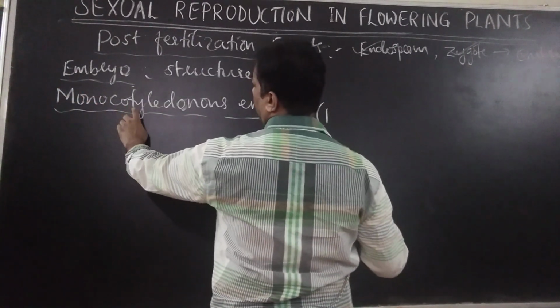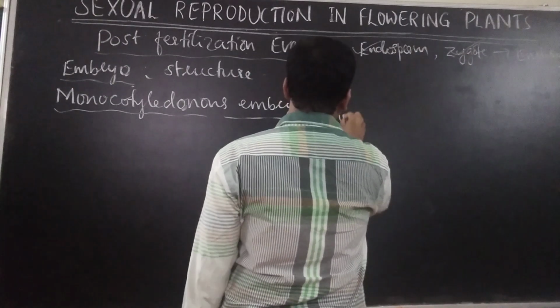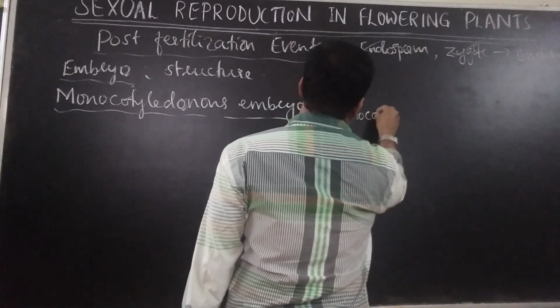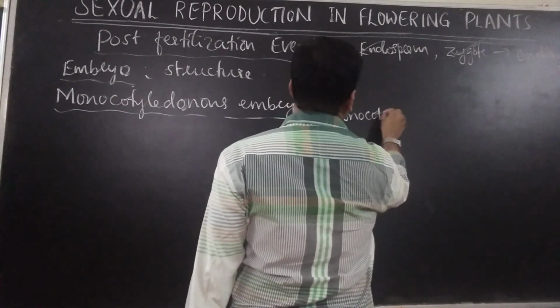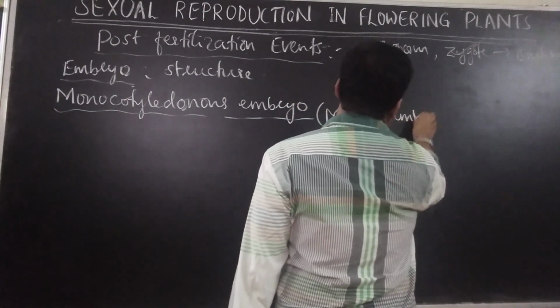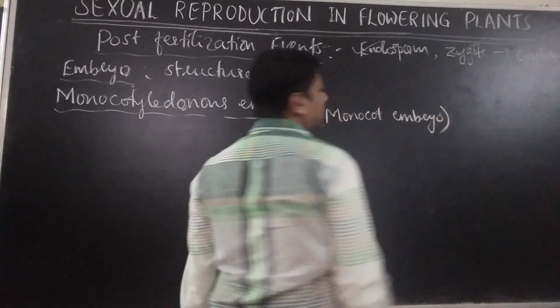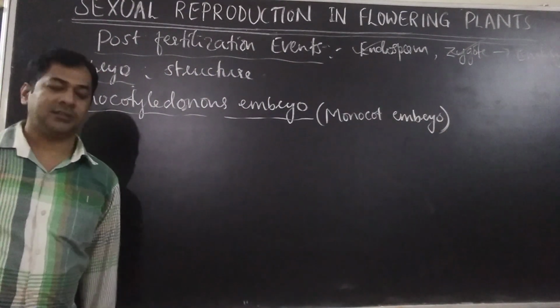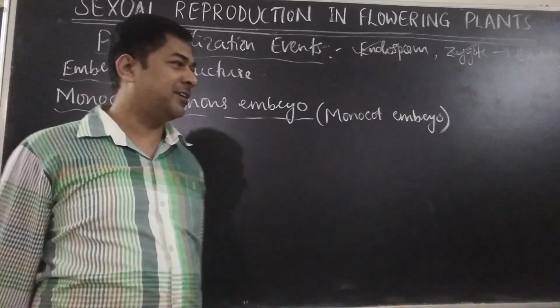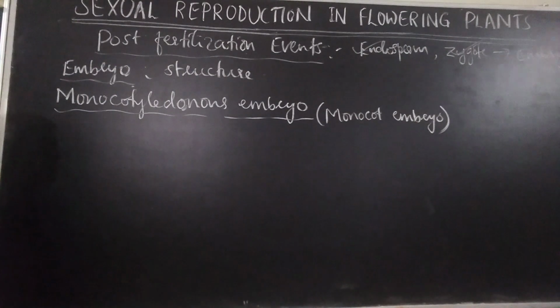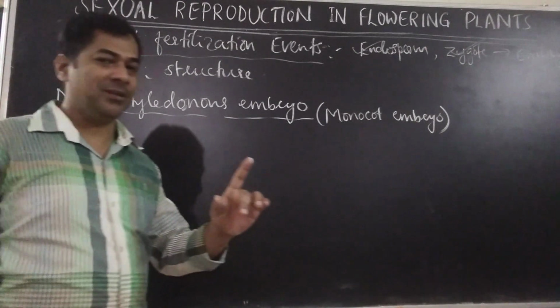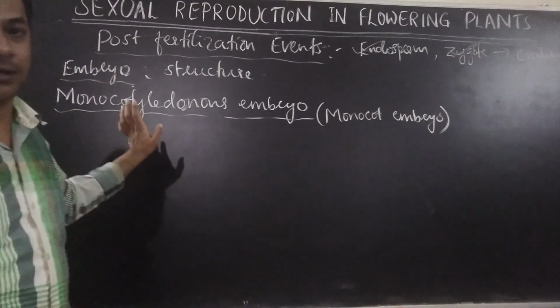We write only till monocot, the short form. Like how a person's name is Venkatesh, we call him Venki, like that, short. Okay, monocotyledonous embryo. So only a single cotyledon will be there. Mono means one.